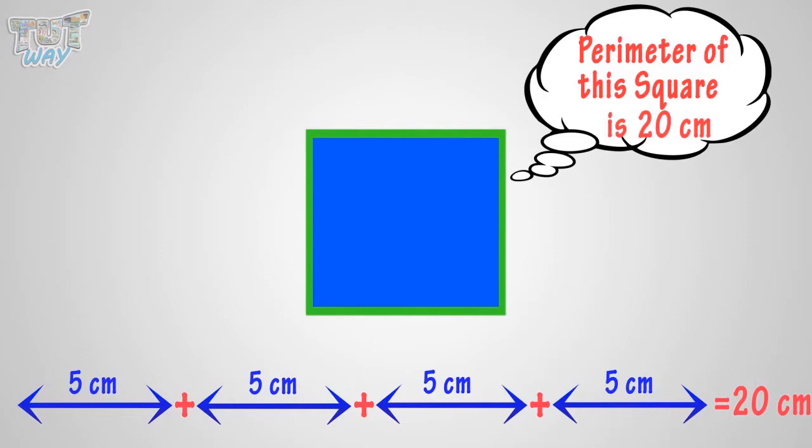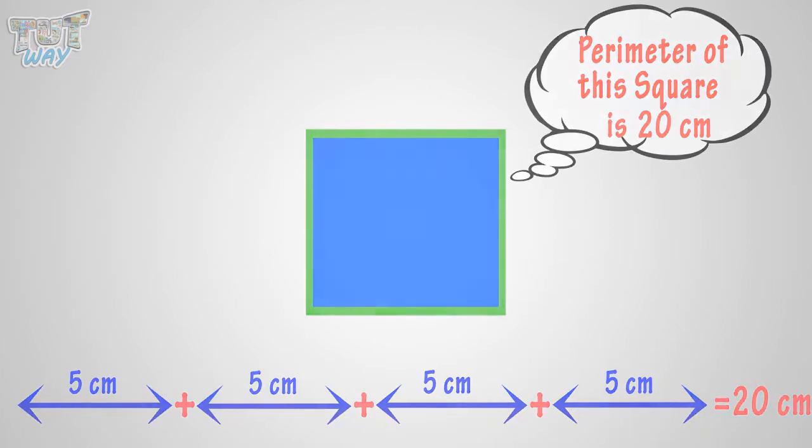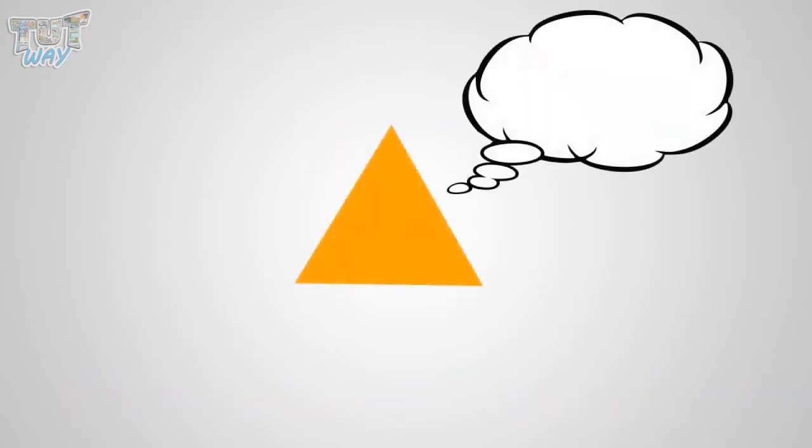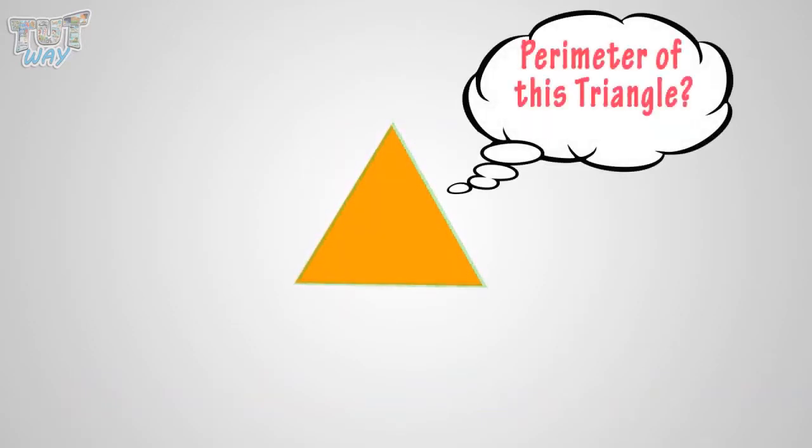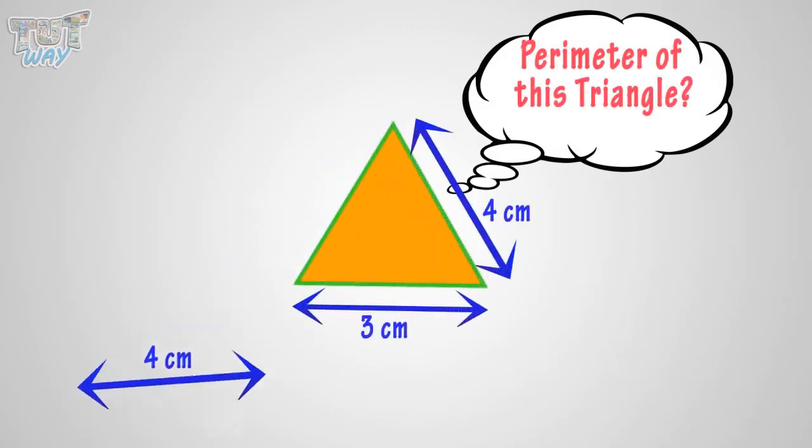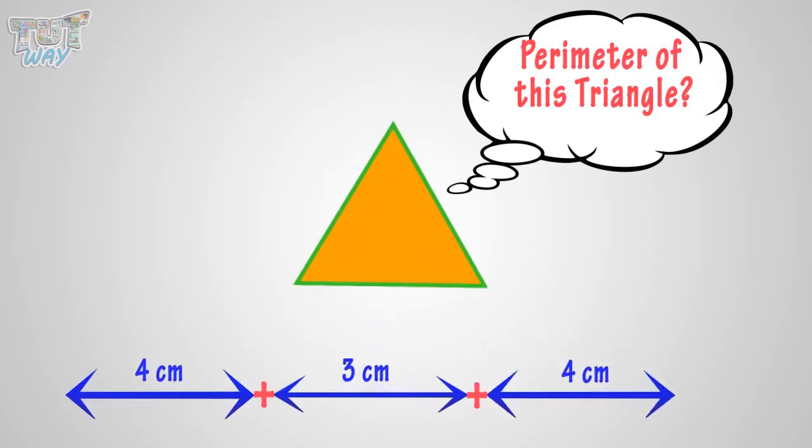Good. Let's take one more example. Can you find the perimeter of this triangle? Let's add the lengths of all sides. Yes, you get 11 centimeters. So the perimeter of this triangle is 11 centimeters.